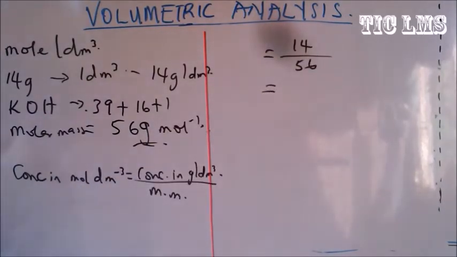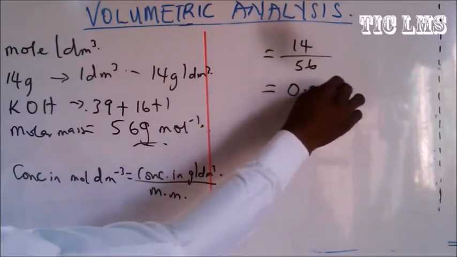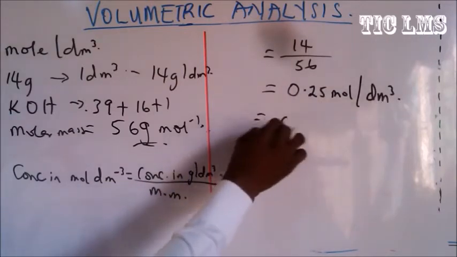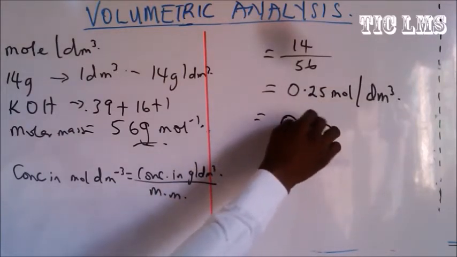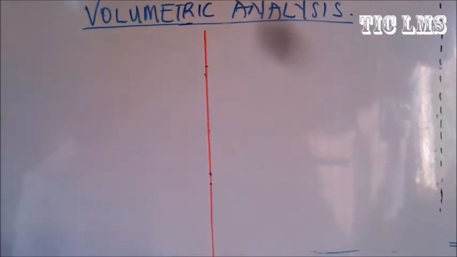Now when we divide this, that gives 0.25 mole per dm cubed, which is also equal to same thing as 0.25 molar. That is the capital M. And when you have that capital M, it means 0.25 mole in 1 dm cubed. Yes, the B part says 5.3 gram of sodium trioxocarbonate IV in 500 cm cubed.